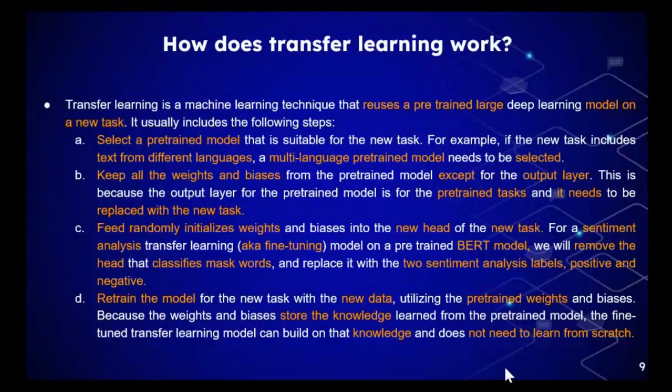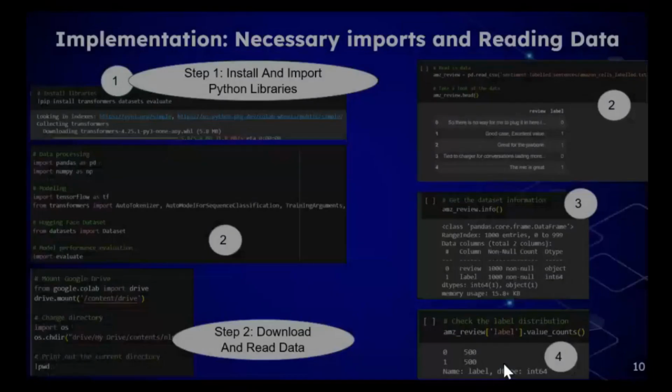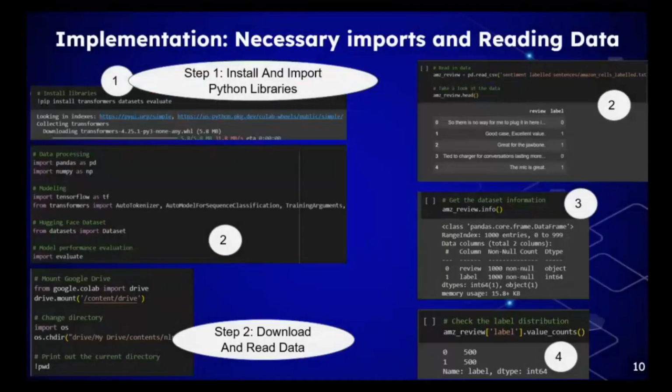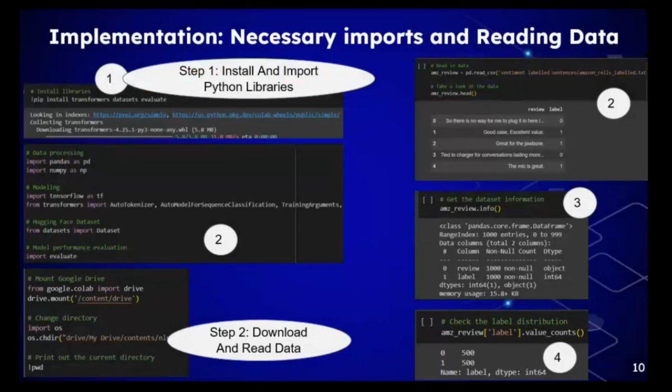Let's do it step by step. Okay, here is a step-by-step process. First, you need to set up your tools, some Python libraries, then get your data and read it like a detective who is going to solve some problems. So first, you need to install and import Python libraries. You can install Python libraries for transfer learning, such as TensorFlow and PyTorch.